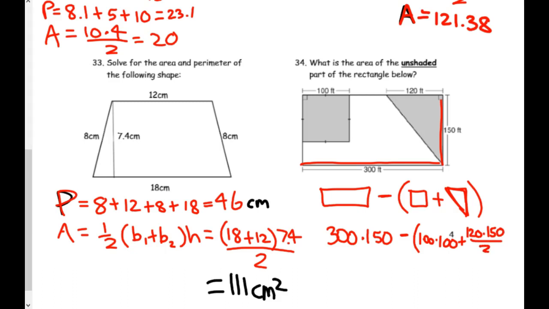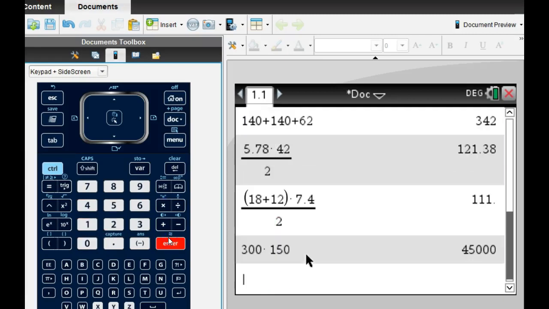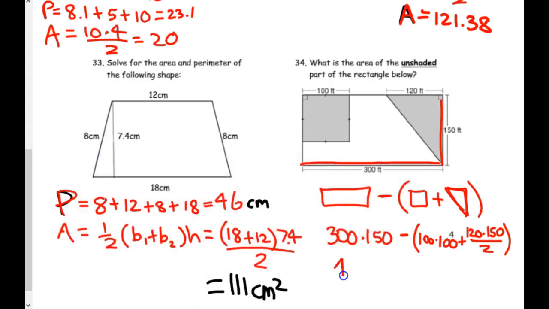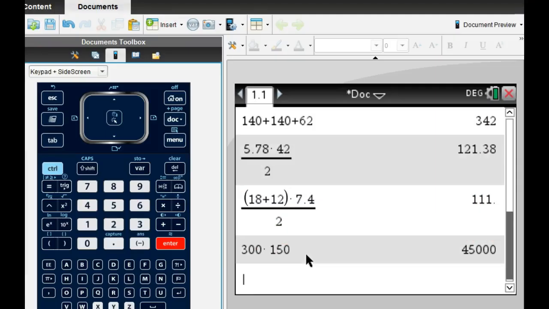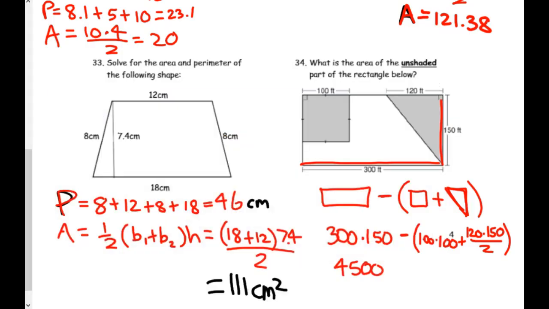So let's figure out these numbers. 300 times 150, 45,000. 9,000. Okay.